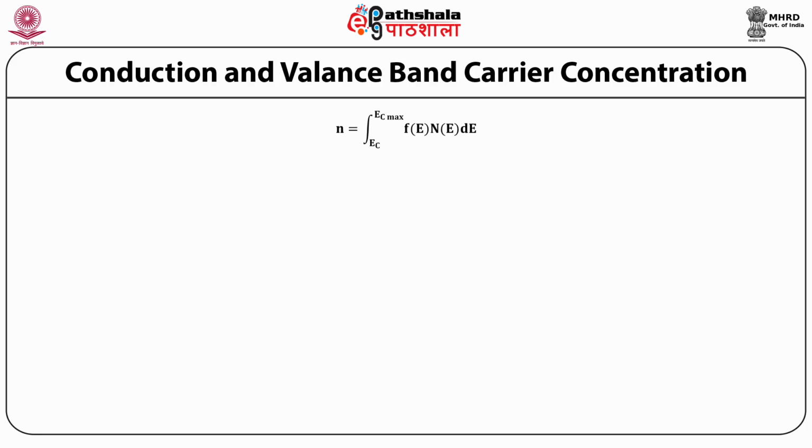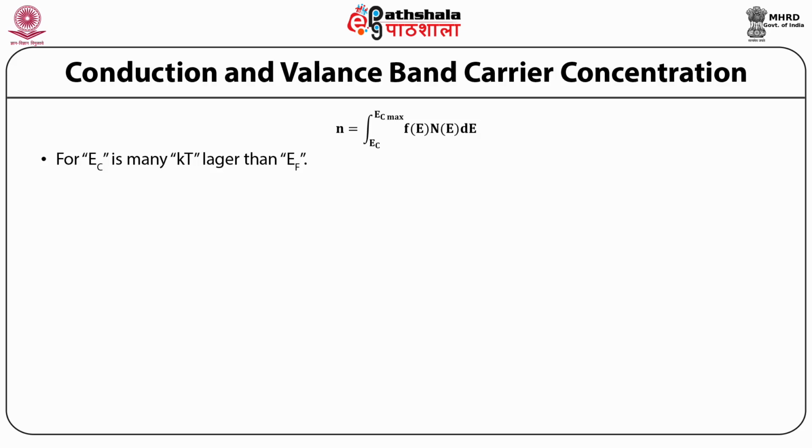n is the electron density, which is nothing but the total number of electrons in the conduction band per unit volume of the crystal, and is given by the integral from Ec to Ec max of F(E) multiplied by N(E) dE, where Ec is many times kT larger than EF.